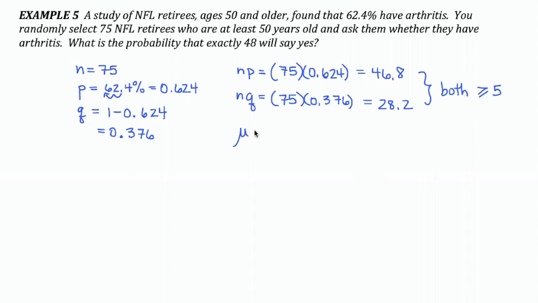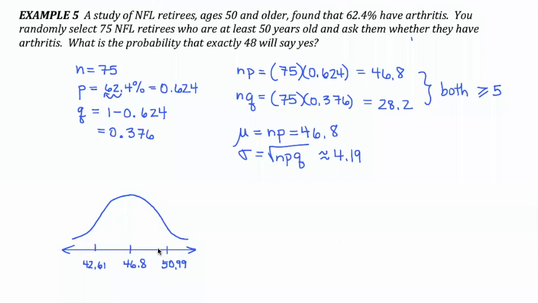I begin by finding the mean, which is already done, and the standard deviation using the formula square root of n times p times q, which should give you approximately 4.19. Next, sketch the distribution.